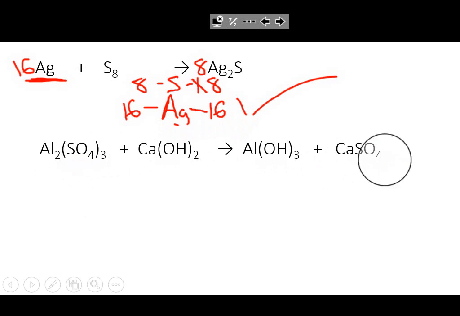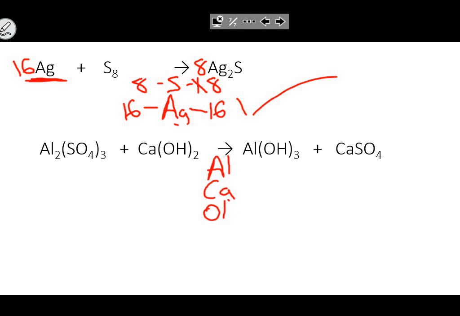All right, so put our elements: aluminum, calcium, hydroxide ion, and SO4. Now let's see how many we got. We got 2, 1.